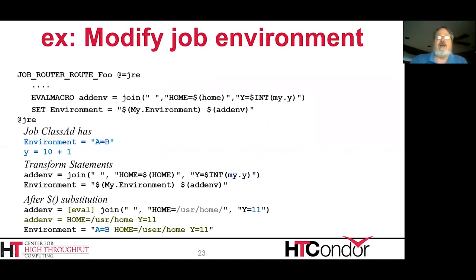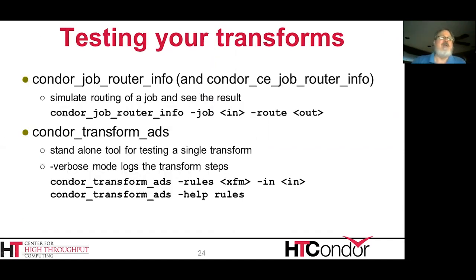What that actually does is evaluate the expression and then substitute the result of that evaluation. That sort of thing works in config files and submit files, and now in your job transforms as well. So I've used color here to try to help you see where the various bits are coming from. I hope that's clear, although the colors aren't as distinct on my screen as I thought they would be.